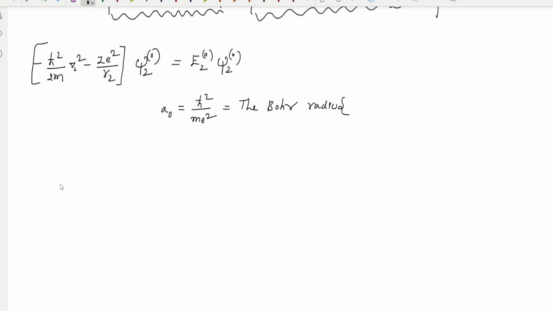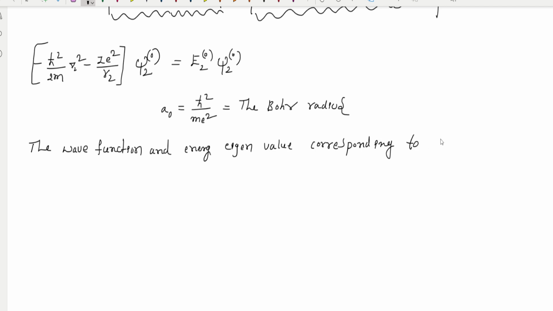The wave function and energy eigenvalues corresponding to our Hamiltonian 1 and Hamiltonian 2 are: the wave function must be multiplied, energy must be added, right?